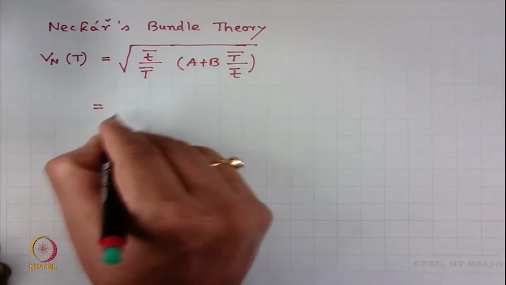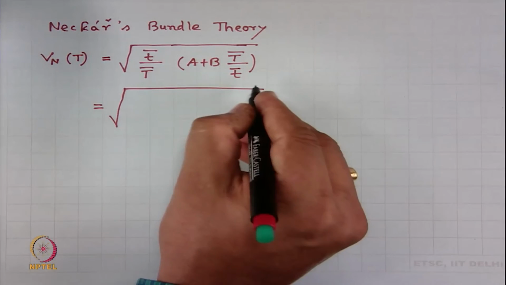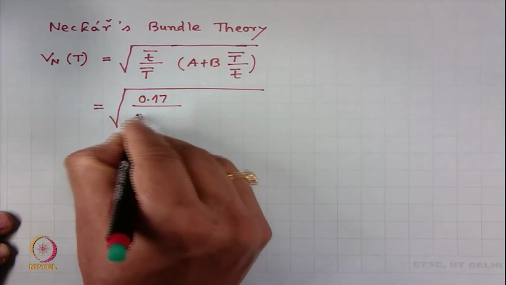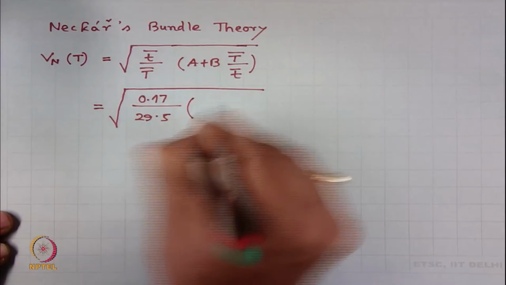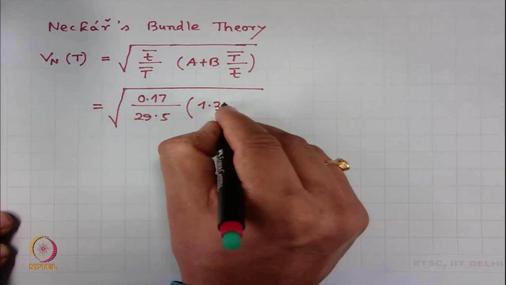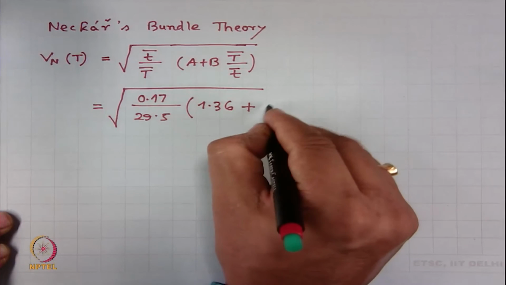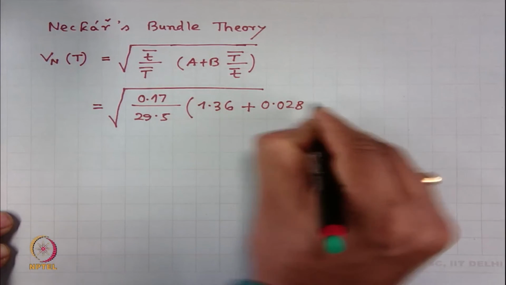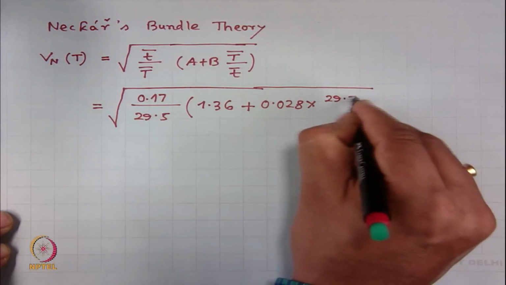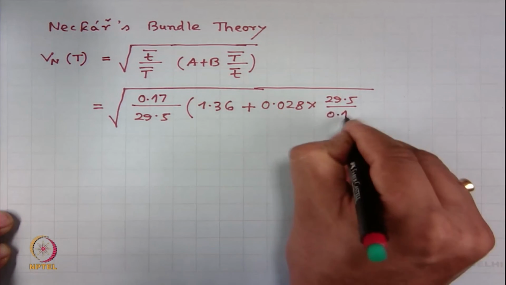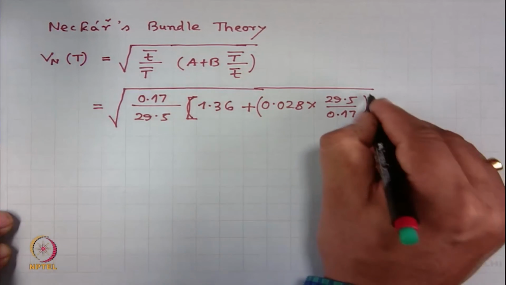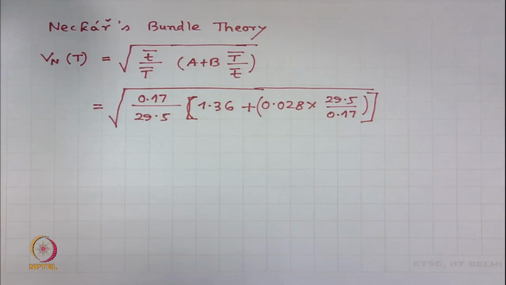So, what is t bar given, this by this, and what is the value of A given, 1.36 plus B is 0.028 into 29.5 by 0.17, right.